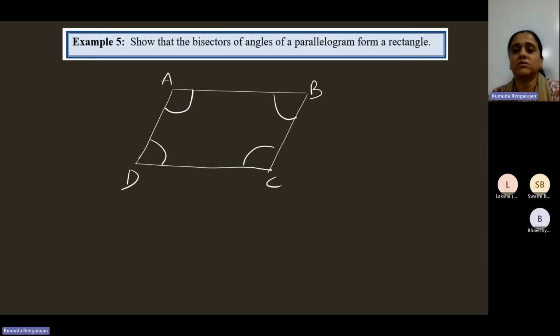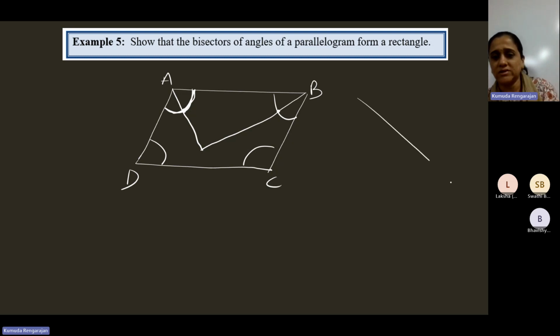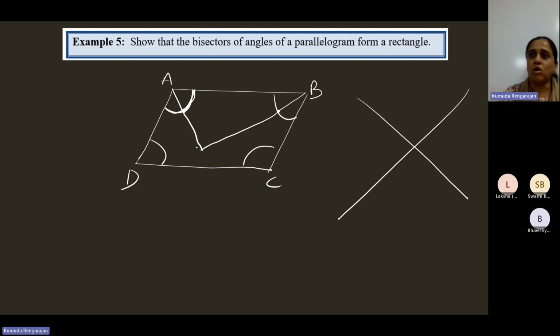Okay, so these are the 4 angles, or the interior angles of the parallelogram. Bisectors. So this angle is bisected like this. This angle is bisected like this. They'll go on; we are just cutting it. But you don't want to go outside the figure, no? It'll look clumsy.